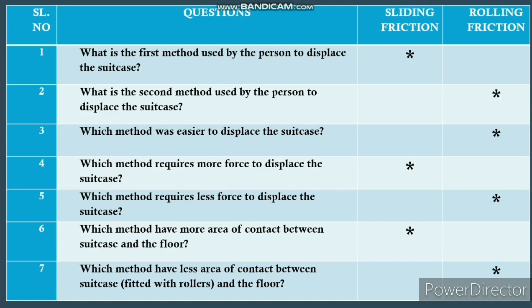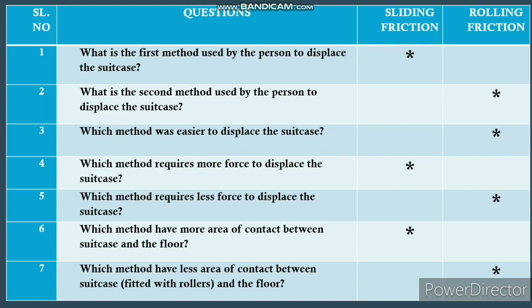Which method requires more force to displace the suitcase? Yes, the answer is sliding friction. Which method requires less force to displace the suitcase? The answer is rolling friction. Next question.